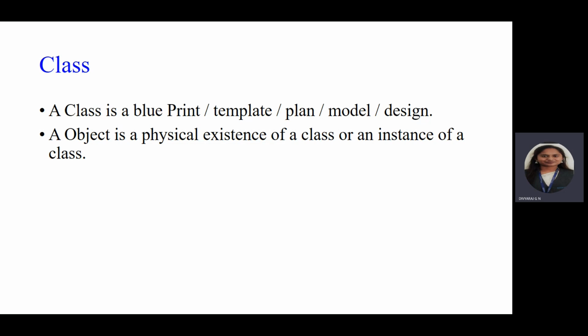With these three examples, I think you have understood what is a class and what is an object. That's all about this video, and in the next class, we'll see what reference variables are.